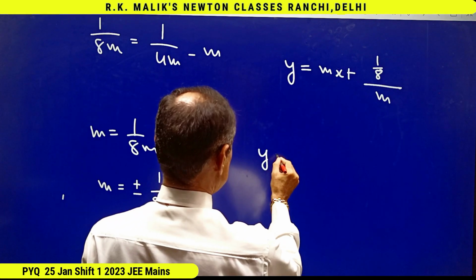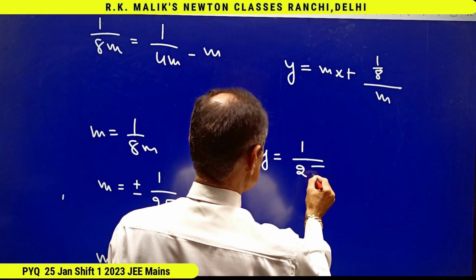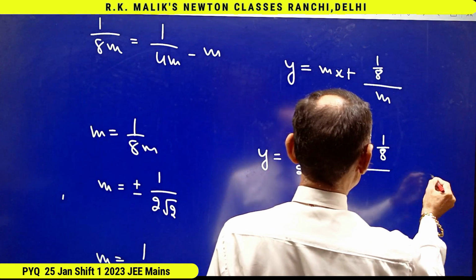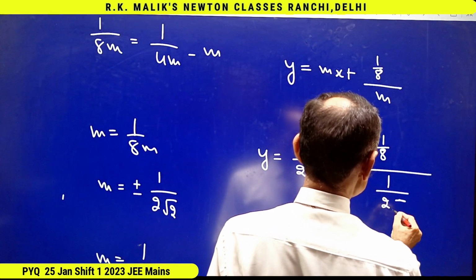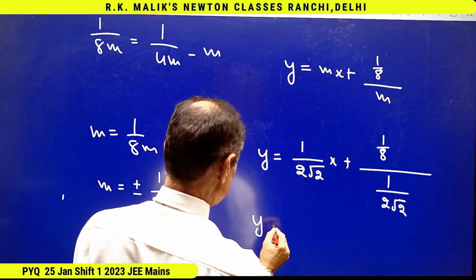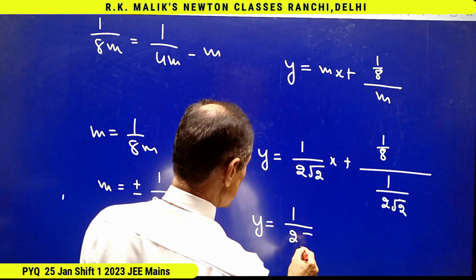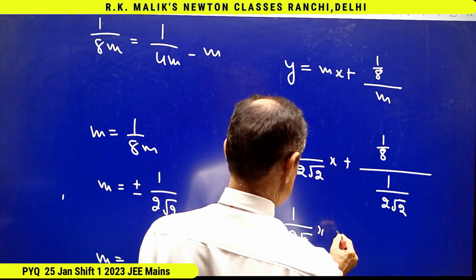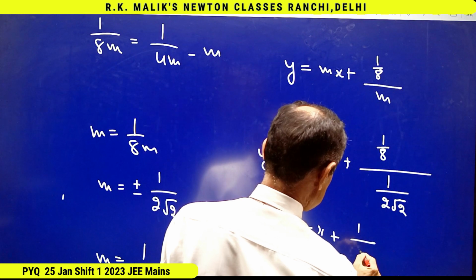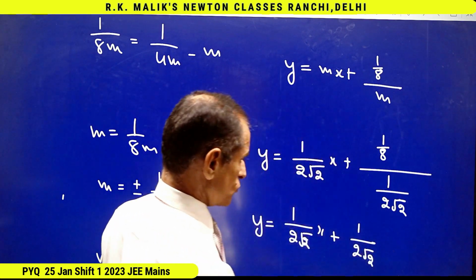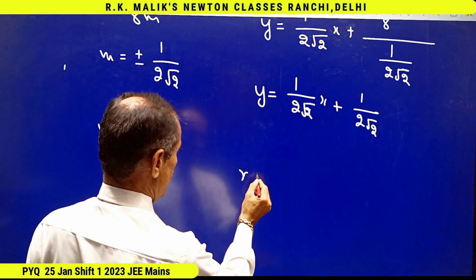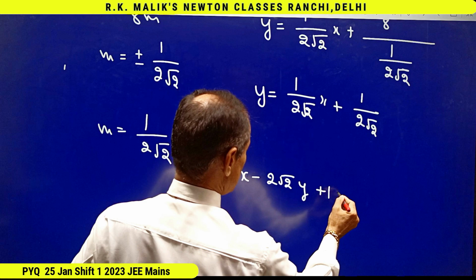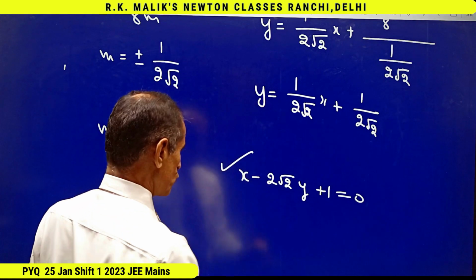I get y = (1/(2√2))x + (1/8)/(1/(2√2)), that is y = (1/(2√2))x + 1/(2√2), that is I get x - 2√2y + 1 = 0 is the equation of common tangent.